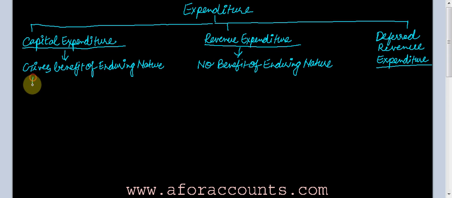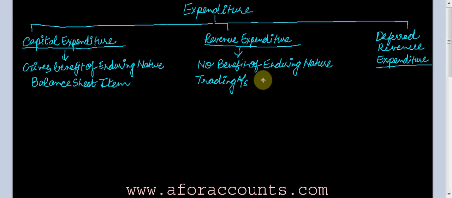It is a balance sheet item. And revenue expenditure is a trading account or a profit and loss account item.